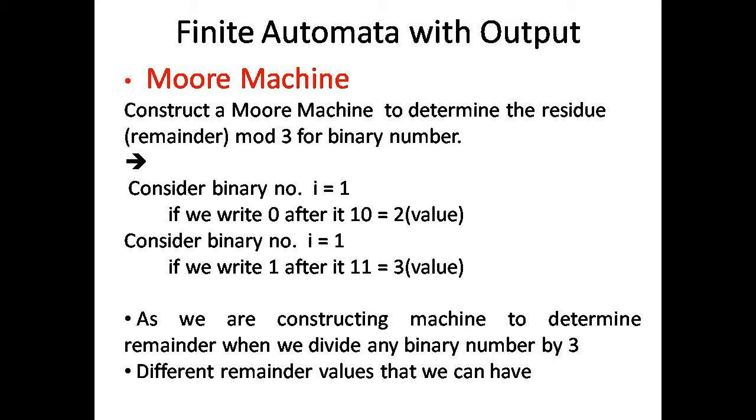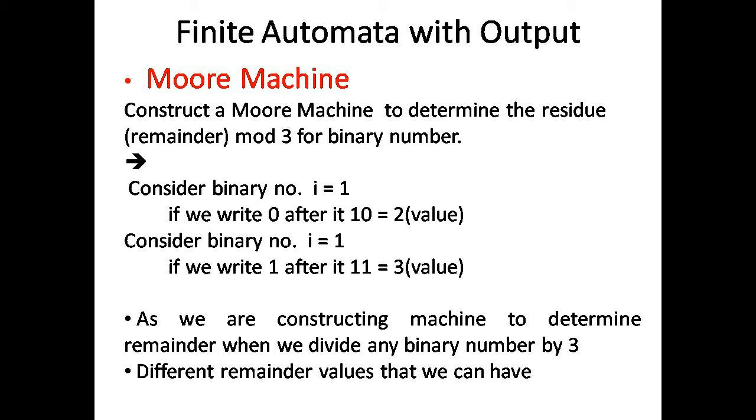The Moore machine example. Construct a Moore machine to determine the residue mod 3 for a binary number. If i is a binary number and we write 0 after i, then its value becomes 2i.